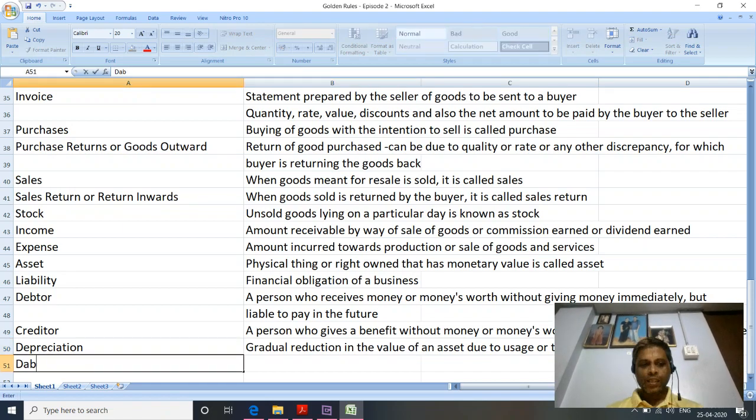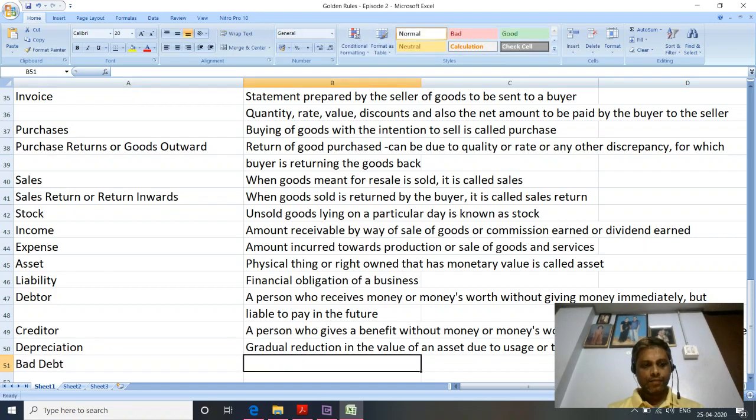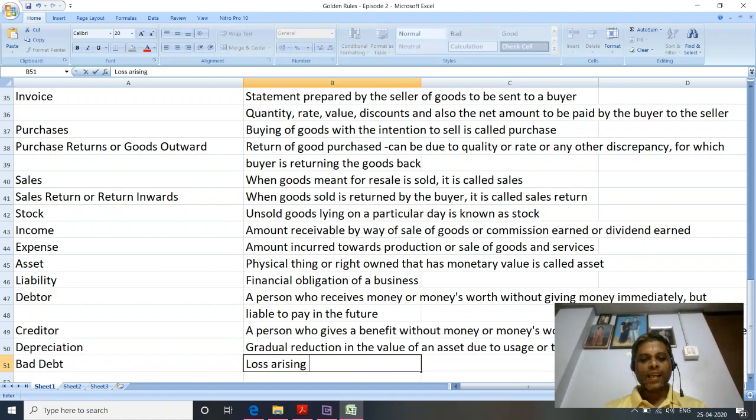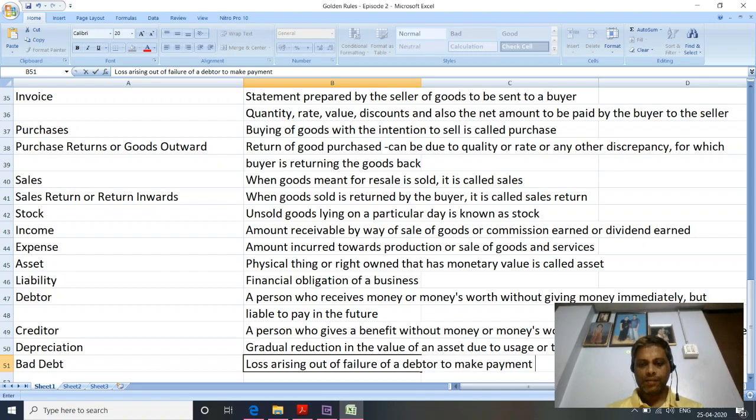Then what is bad debt? Bad debt is a loss arising out of a failure of a debtor to make payment on due date.